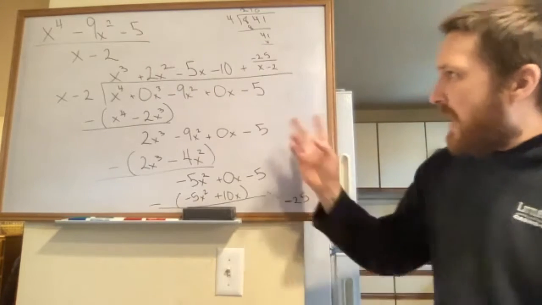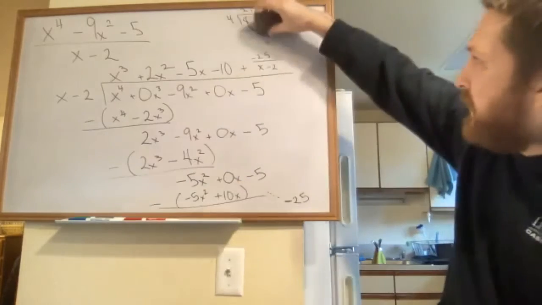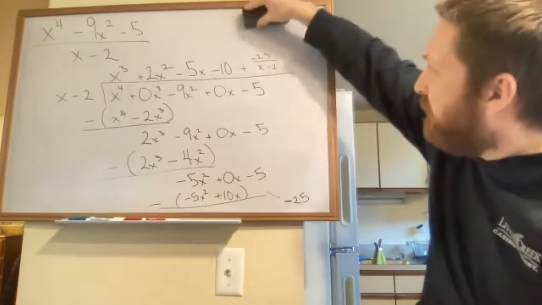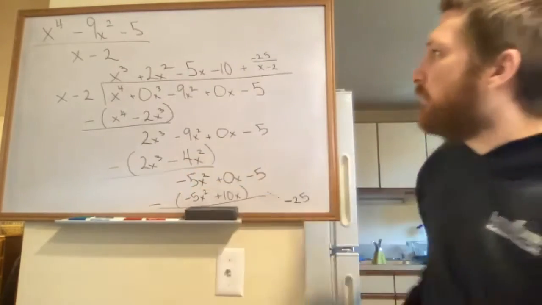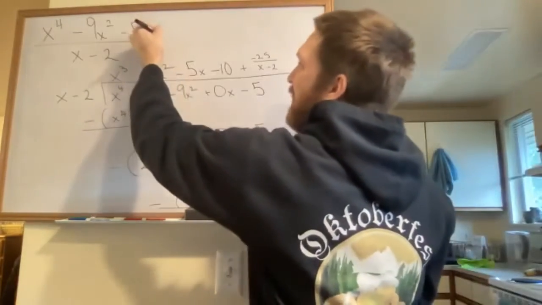So I'm going to copy that back up top to see what it looks like, and then I'm going to check it. And that's going to kind of suck, but it won't be too bad.